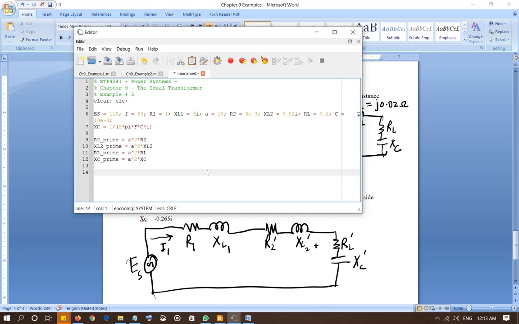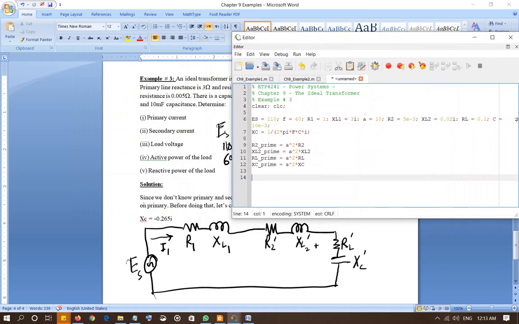Okay, so now it's pretty straightforward. All we have to do is calculate primary current I1.